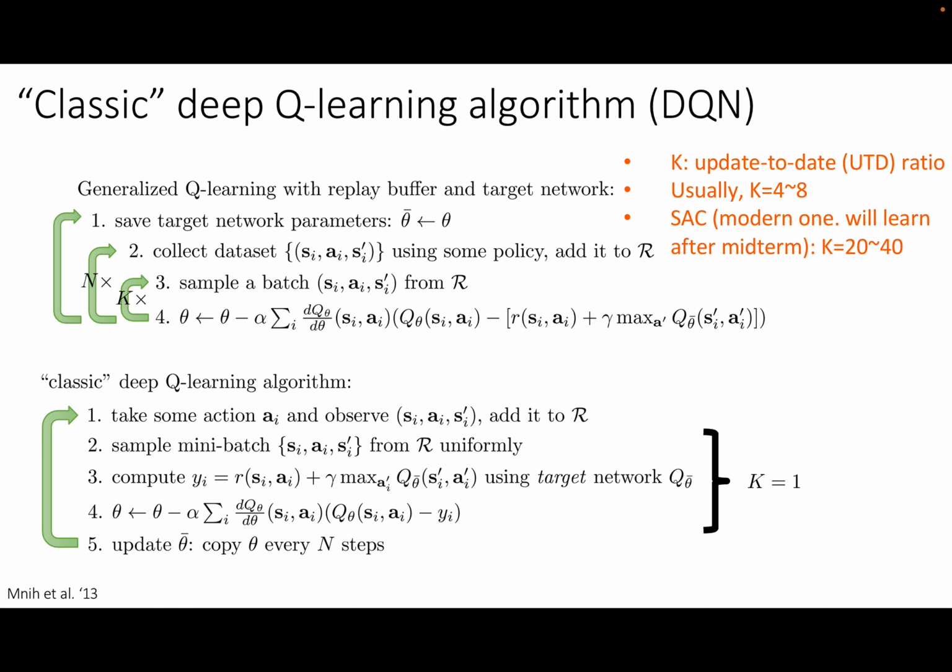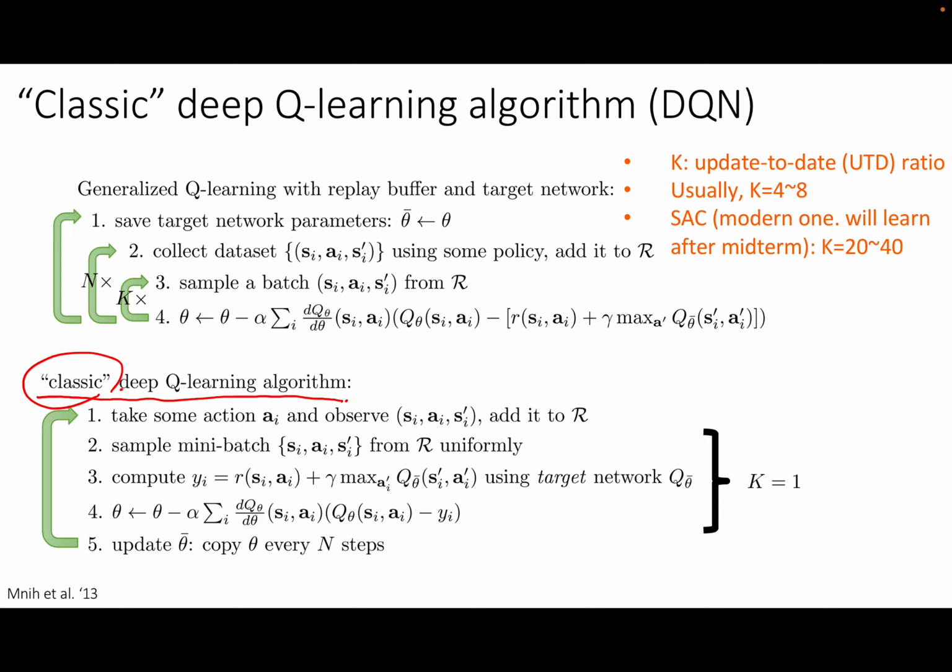And we can actually generalize Q learning with replay buffer and target network. The one below is the classic deep Q learning algorithm that we've learned so far. Let's see this classic one first. Take some action a, observe the state transition, add it to the replay buffer, sample a mini batch of transitions from the replay buffer uniformly, and compute the target.